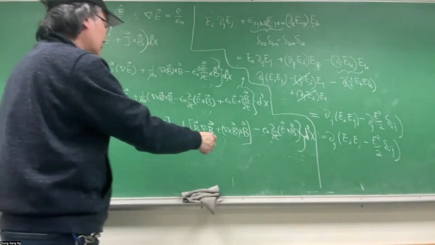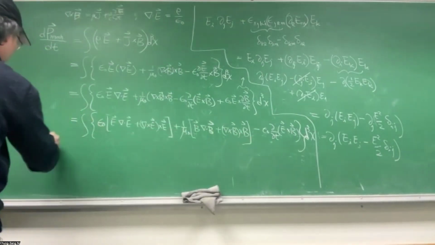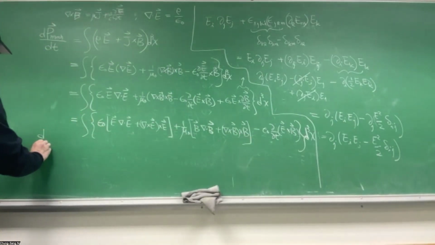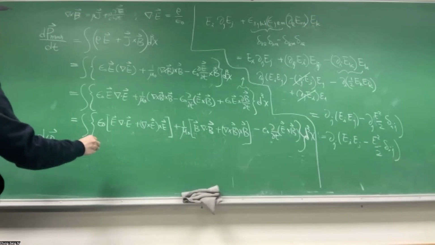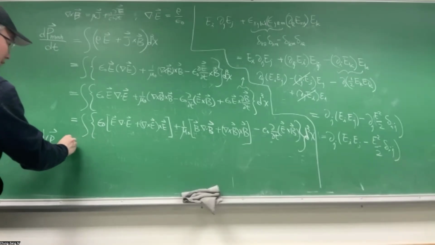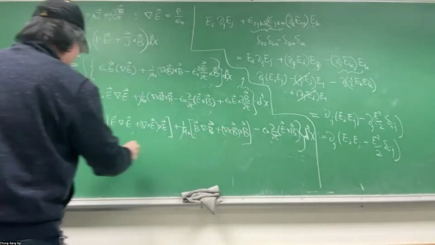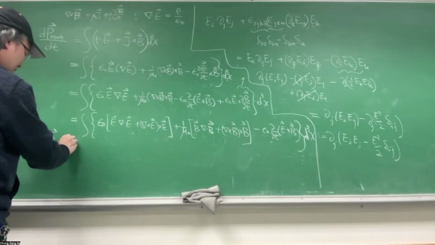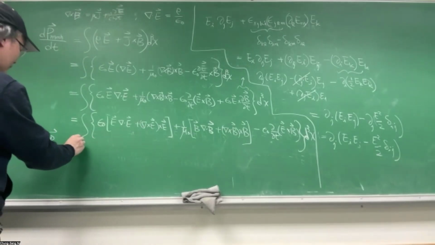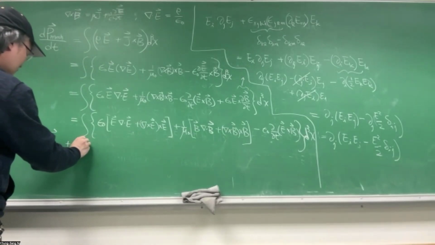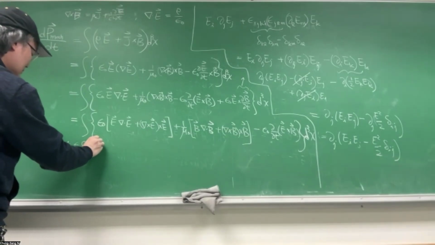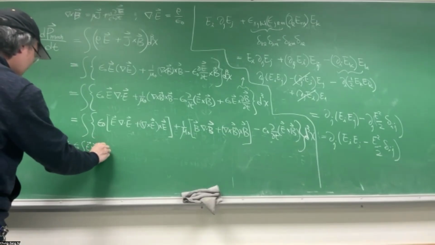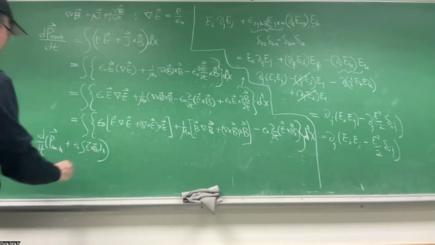Now we can write down the conservation of momentum. So you have d/dt of P mechanical plus d/dt of this one, which we interpret already as the field momentum: epsilon 0 integral of E cross B dx.